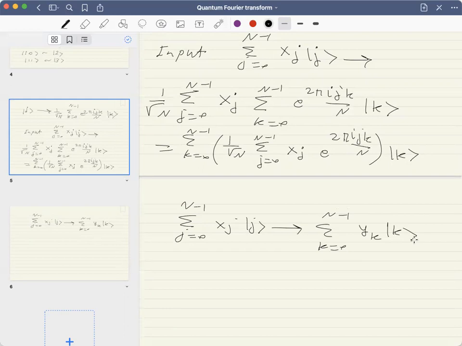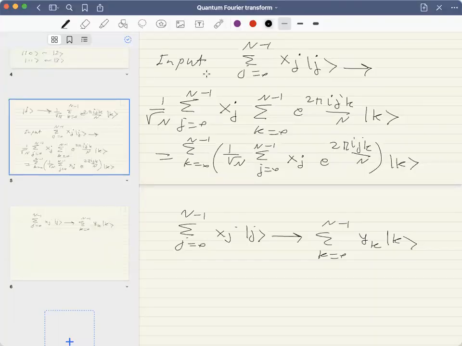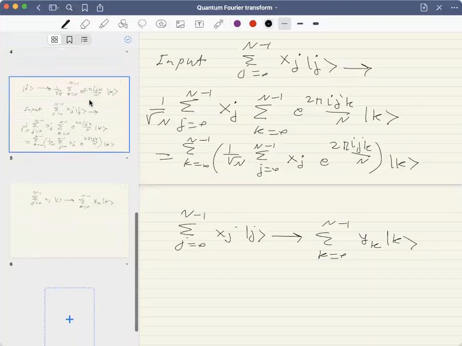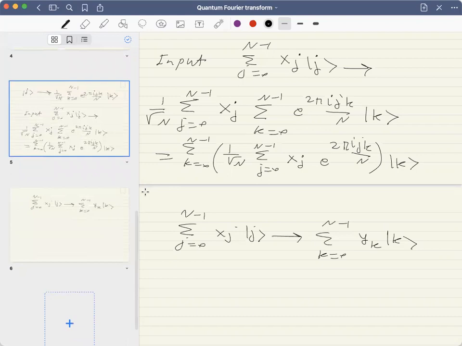You send it into this machine, it performs a unitary transformation, and out comes a state where the amplitudes, the y's, are the Fourier transform of the list of x_j's.